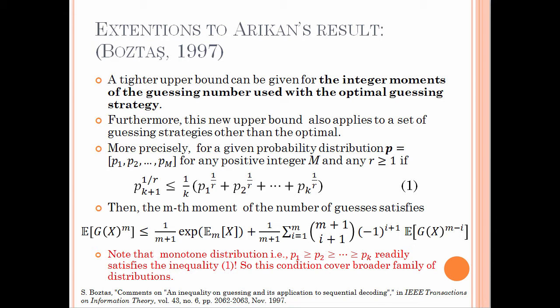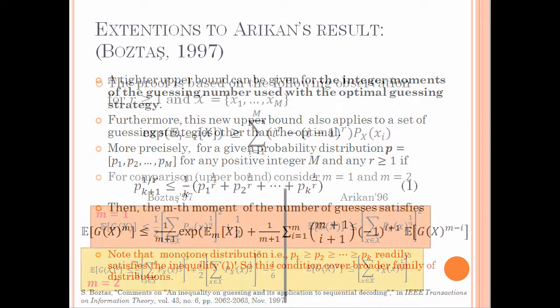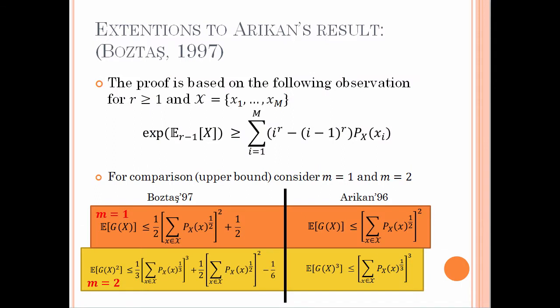So one of the restrictions with this result is that the Boztaş result is only applicable to integer moments. Okay, in other words, m is an integer value. The proof of the Boztaş result is based on the following simple observation for a probability distribution defined on set X, that the exponential of the expectation subscript r minus 1 of X can be lower bounded with the following weighted probabilities as shown.